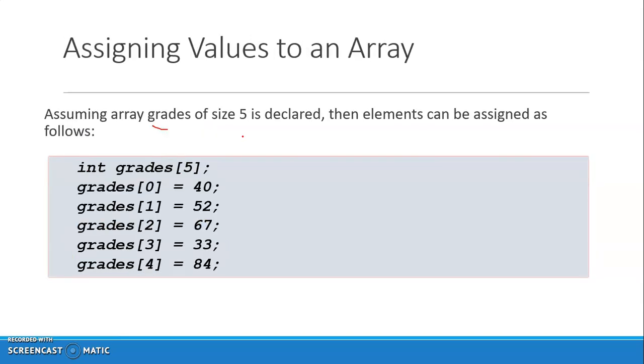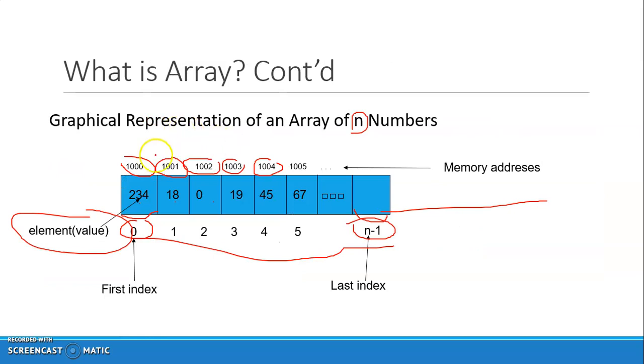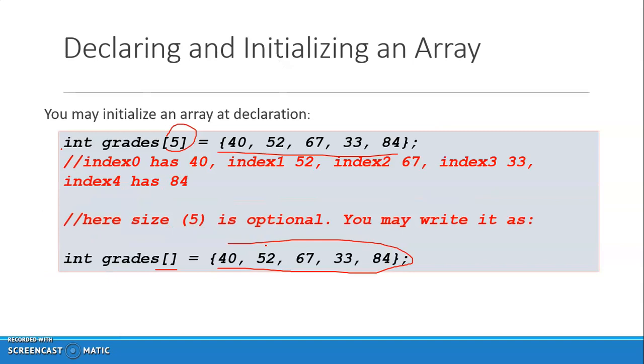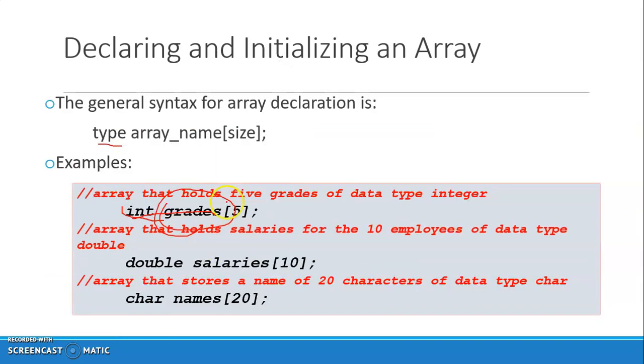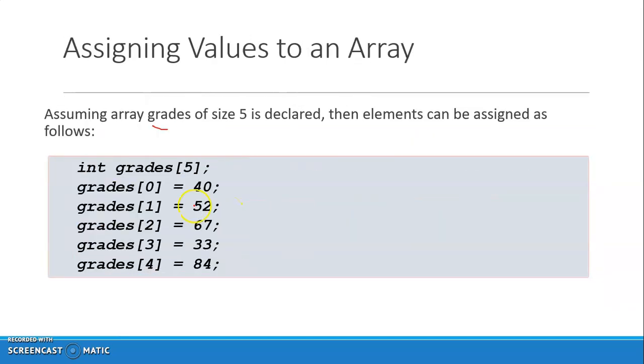We should remember that when an array has been created, that array will have memory spaces allocated for the elements. So if it's 5, then 5 spaces will be allocated, and those 5 spaces have indices from 0 all the way up to 4. So if we have made this declaration here and we are to assign some values, then we can assign values using the index.